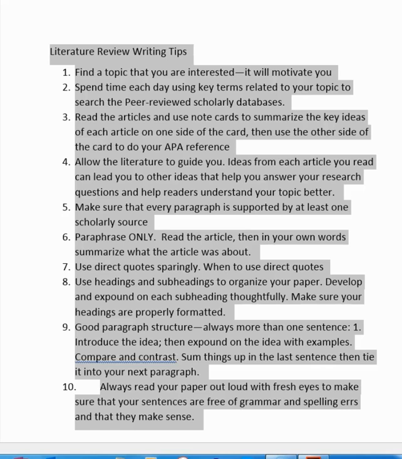Number 8, use headings and subheadings to organize your paper. Develop and expound on each subheading thoughtfully. Make sure your headings are properly formatted. I have a whole video on my YouTube page that talks about using headings and subheadings. Essentially, you need a level 1 heading in order to have a level 2 heading, and a level 2 heading is followed by a level 3 heading.